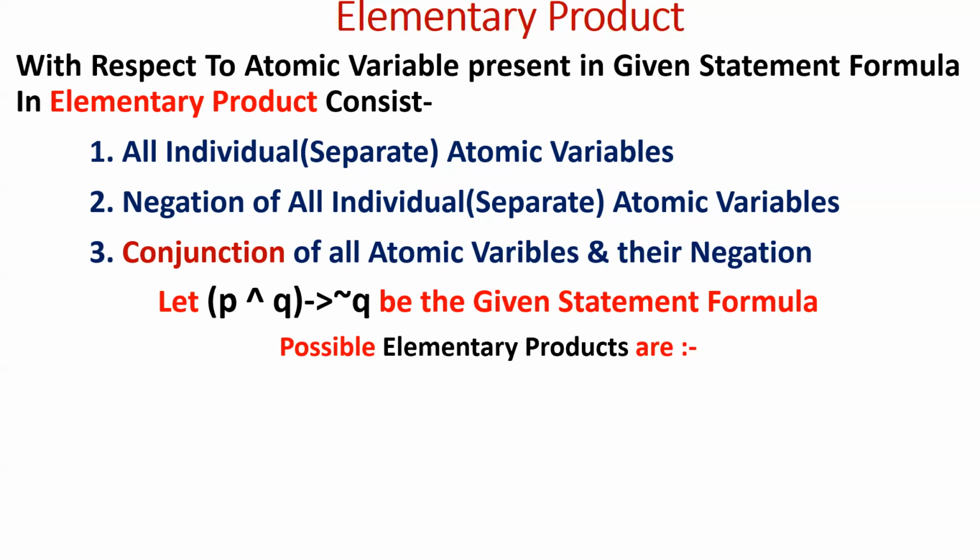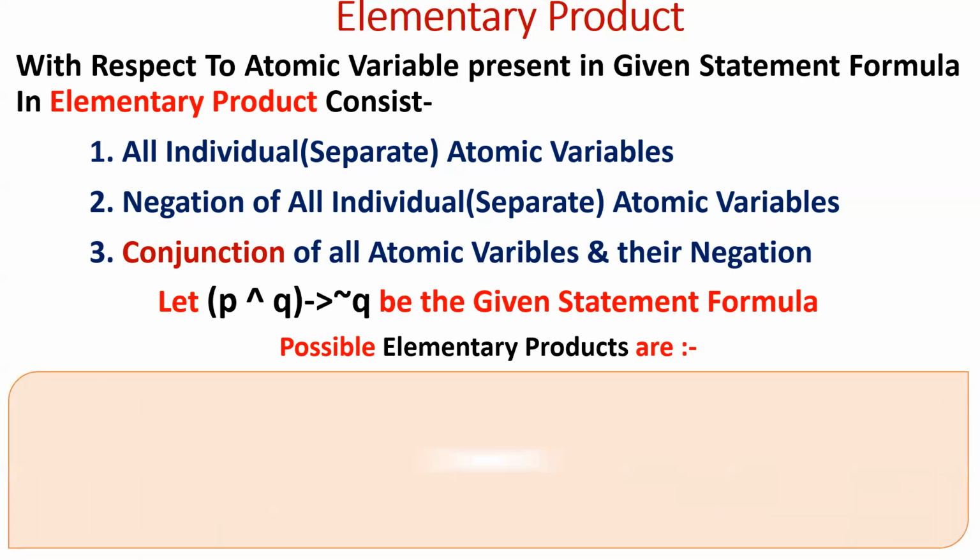Now see, apply the rules. All individual atomic variables. Which atomic variables are present here? P and Q. P comma Q, these are separate, so these two separate atomic variables are part of elementary product.